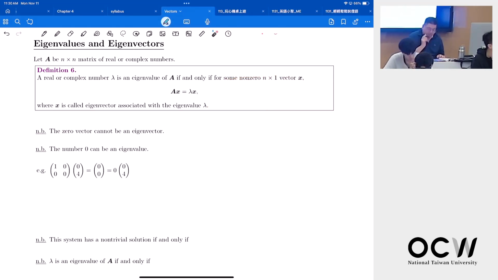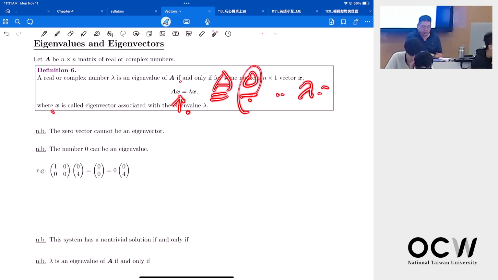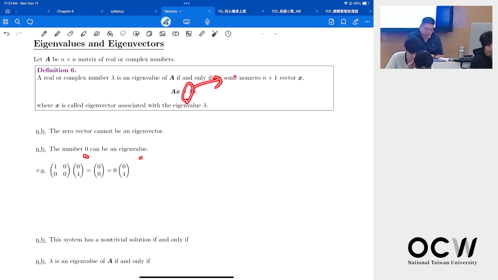First, the zero vector cannot be an eigenvector. The eigenvector is x, so x cannot be a zero vector. Otherwise, A times 0 will always be 0, something times 0. Right? 0 cannot be the eigenvector. But 0 can be the eigenvalue. Lambda could be 0. But the zero vector cannot be x.